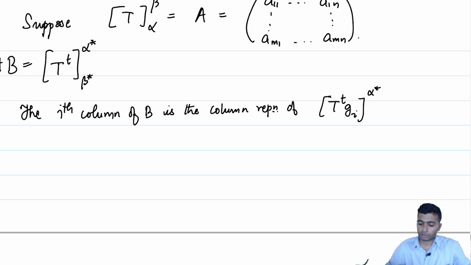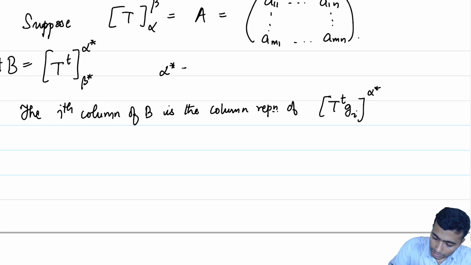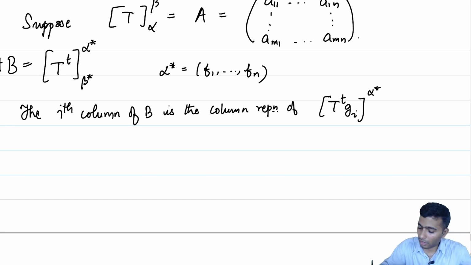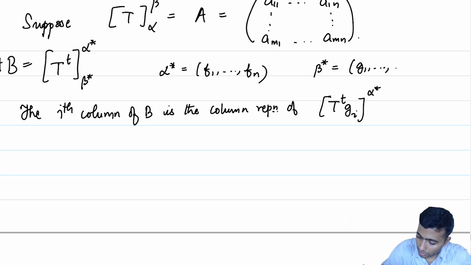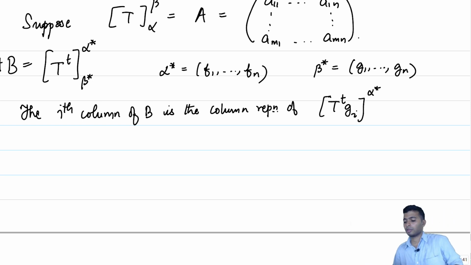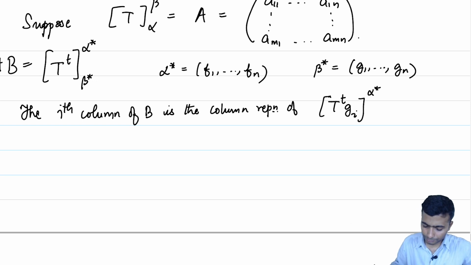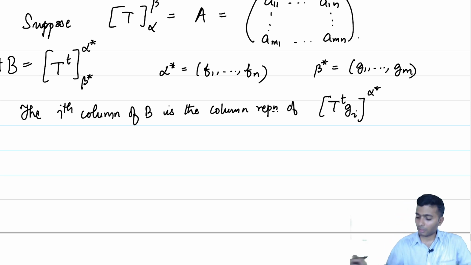Remember, alpha star is F1 to Fn and beta star is equal to G1 to Gm. Now, what is T transpose of Gi? That is precisely what we would like to see. T transpose of Gi we know from the previous theorem.